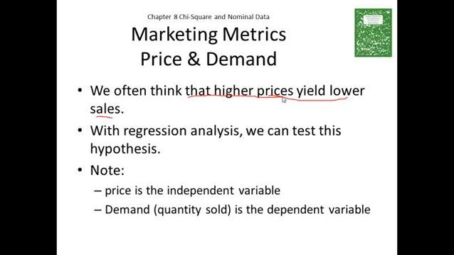Some products you can actually price higher and get more sales. As marketers, we can always test this hypothesis. And in doing so, we'll just do a simple regression analysis where price is the independent variable. That's something which the marketer controls. And demand, quantity sold, is the dependent variable.